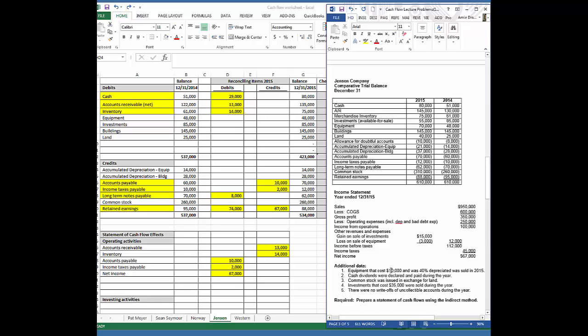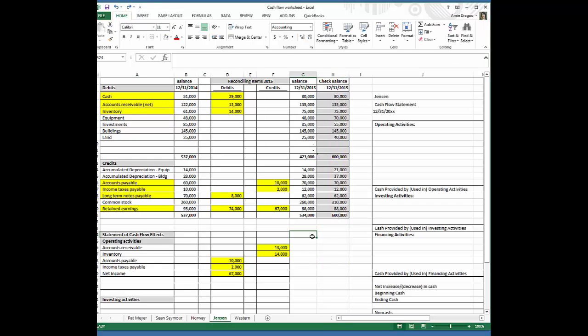So we know the original cost was $10,000 and there was 40% depreciation, so that means $4,000 of accumulated depreciation existed at the time of sale. And then if I look at the income statement, I'll see that's listed a loss on sale of equipment of $3,000. So let's look at those three pieces of information as we put together our worksheet off on the side.